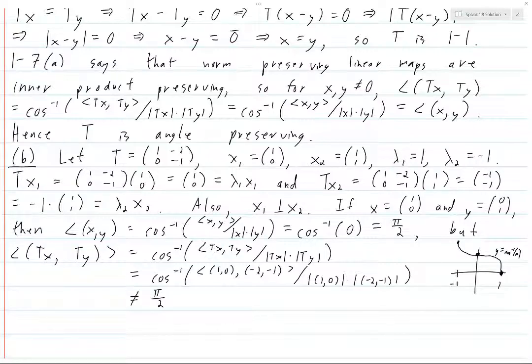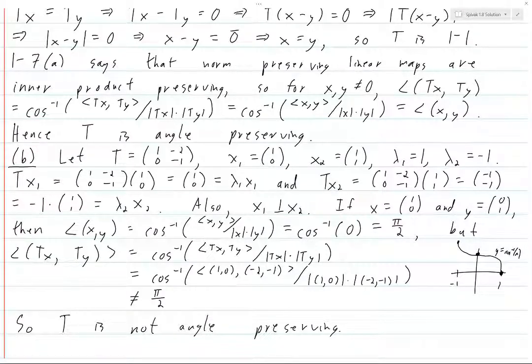Okay, so T is not angle preserving because the angle between x and y is not the same as the angle between Tx and Ty. Okay, so part B is wrong.